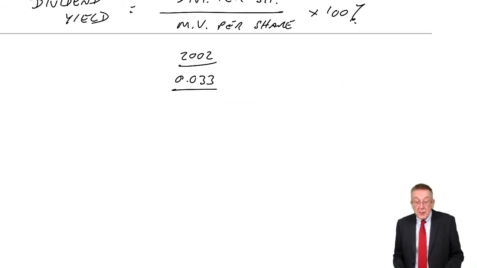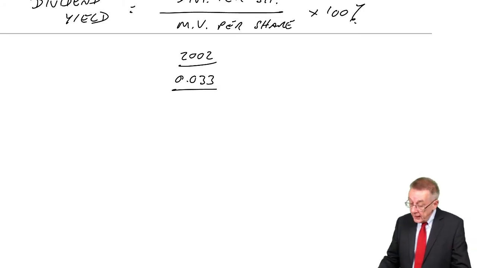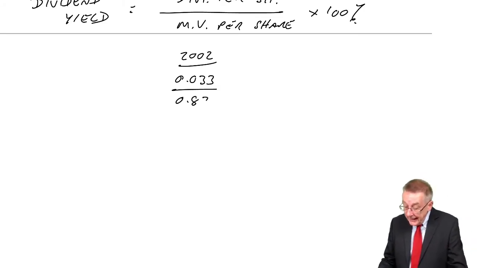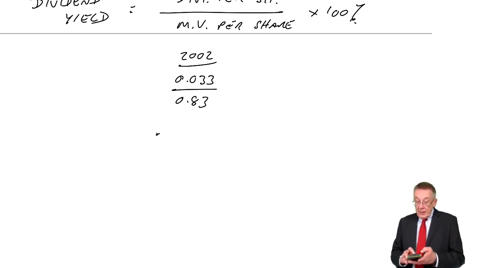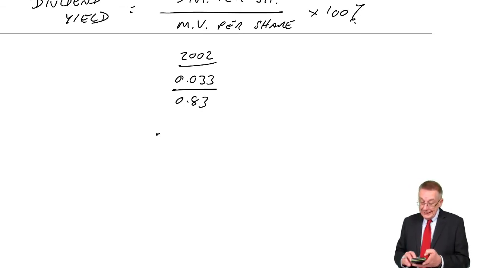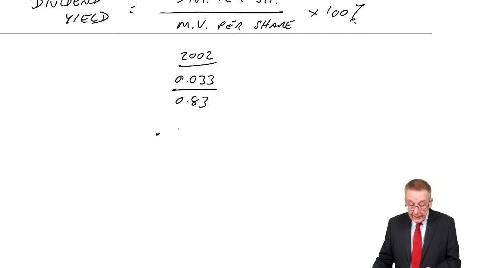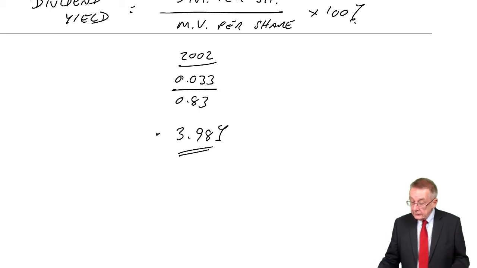The market value per share in 2002, the ordinary shares again, was $0.83. And so, in percentage terms, I get 3.98%.